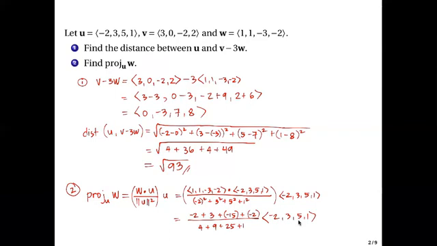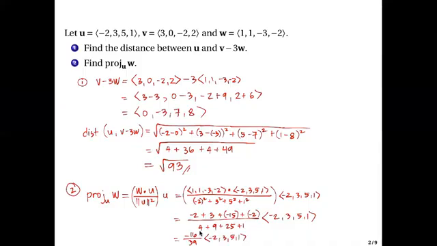So negative 2 plus 3 is positive 1, minus 15 is minus 14, minus 2 is minus 16 in the numerator. On the denominator, 9 plus 1 is 10, plus 25 is 35, plus 4 is 39. And we have the vector negative 2, 3, 5, 1.